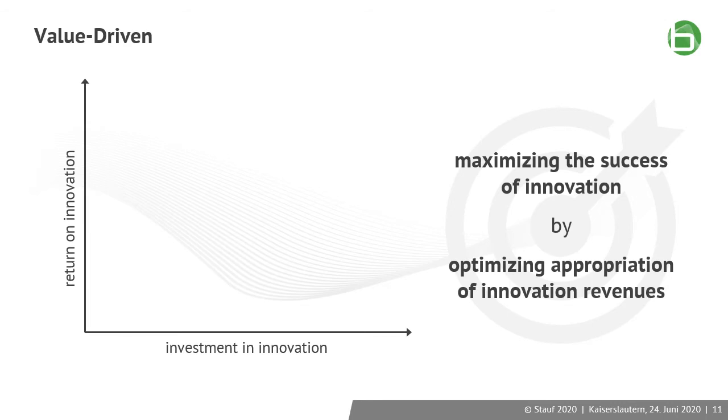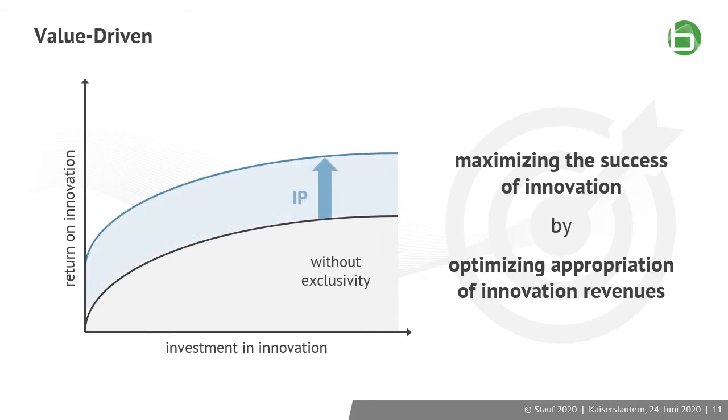And to do this, we have to create exclusivity, for which we use protection instruments. So, as you can see in the figure on the left side, what is happening without exclusivity? Without exclusivity, we observe an average profit. When we manage to have exclusivity through IP, it's becoming way better because we can partially exclude others from using our intangible resources.